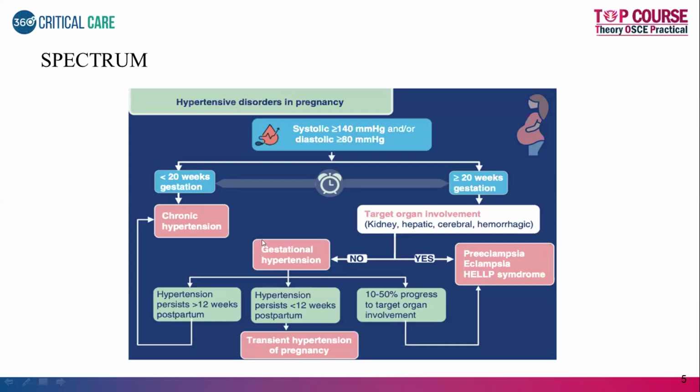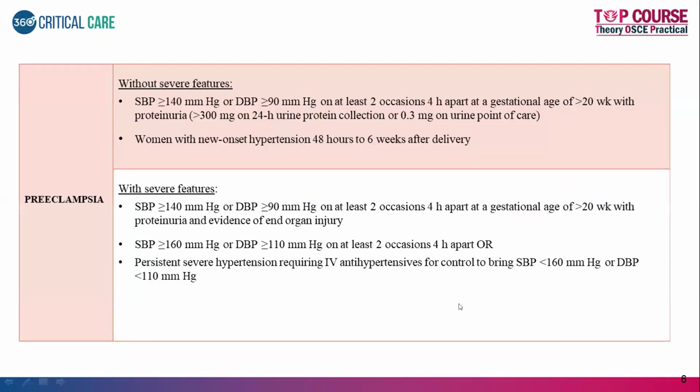Whereas in gestational hypertension, which doesn't have a target organ involvement, around 10 to 50% slowly progress to involve one of the organs, and that time again you need to call it preeclampsia, eclampsia, or HELLP syndrome. An easy way to remember the definitions is this diagram. So you came to know about the definitions of chronic hypertension and gestational hypertension. I'm not going into detail about this, so we will go to the other definitions.